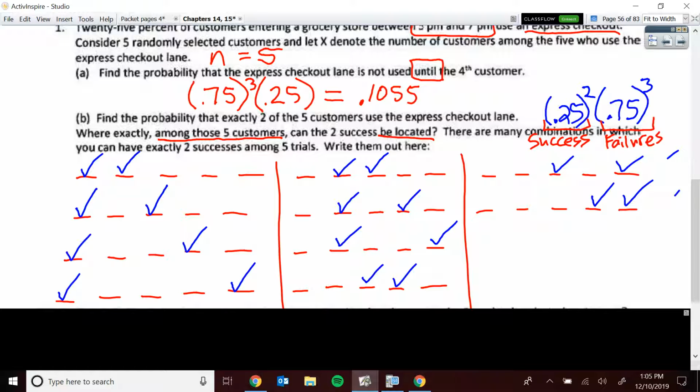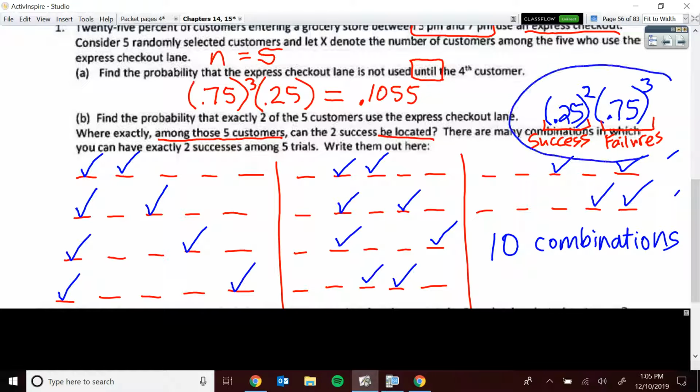So how many different ways did you find? I found 10 combinations, 10 different ways that there could be exactly 2 customers that go through the express checkout lane. So that means I would have to take this probability and have that happen 10 times, because it could happen the first way or the second way or the third way or the fourth way.